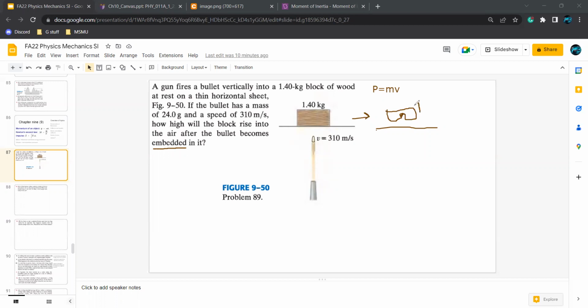And then you have a new V and then new M. Where the new mass of the block is M of bullet plus M of wood.